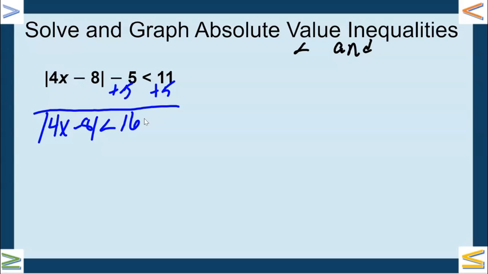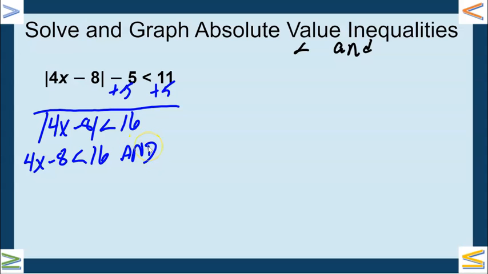You can either use the keyword "and", or you could write it in a simplified form. I'll show you both ways, and then you get to decide which method you'd want to use. The first one I'm going to solve is using the keyword "and". The expression in the absolute value, 4x minus 8, has to be less than 16. So that's case 1.